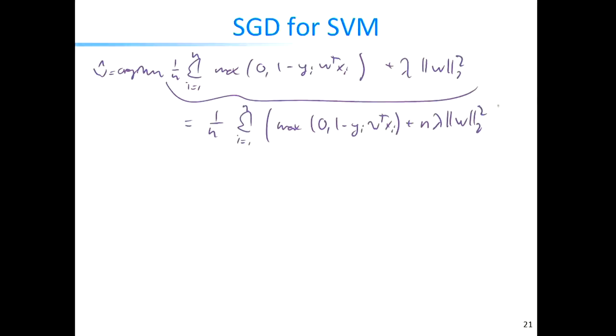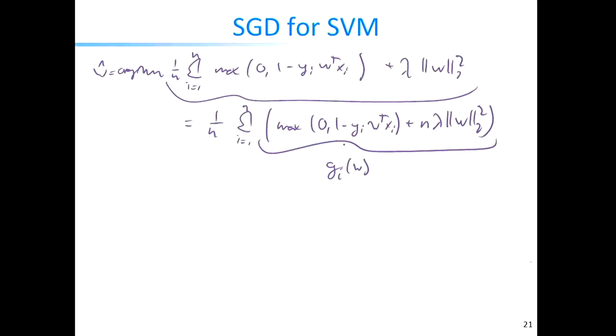So I can just pull it into the sum and compensate by multiplying by n. And so now you can think of this as a new loss function that incorporates the regularizer. Let me call it g_i of w, which now not just contains the loss, but also contains a little bit of the regularizer.